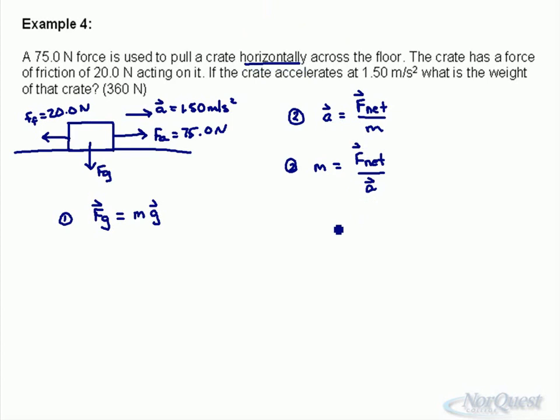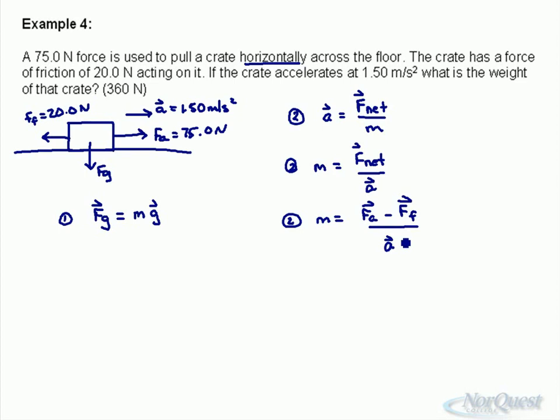So to find the net force in this case, what we're going to do is subtract the applied force minus the force of friction and divide it by the acceleration. That's how we find mass. Now, again, I have two formulas.